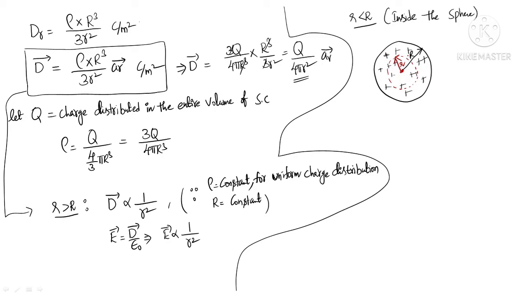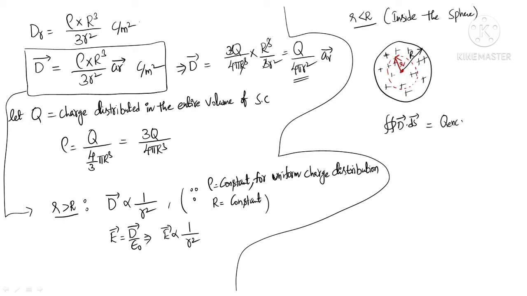Now let us find the electric flux density by applying Gauss law. So what is the expression for Gauss law statement? Gauss law is mathematically represented like this: the closed surface integral of D bar dot dS bar is equal to Q enclosed.